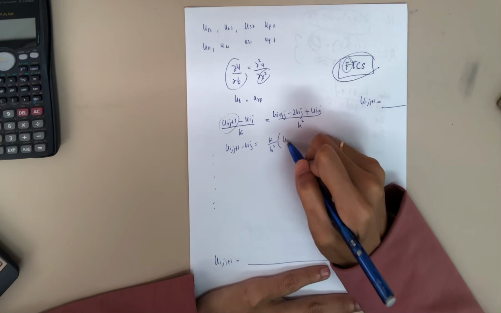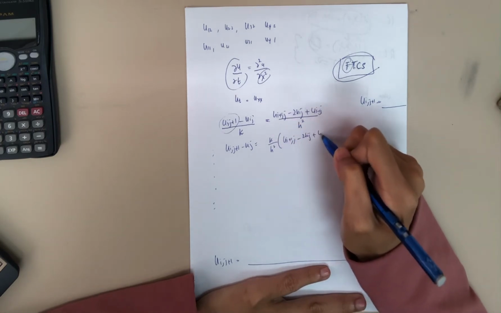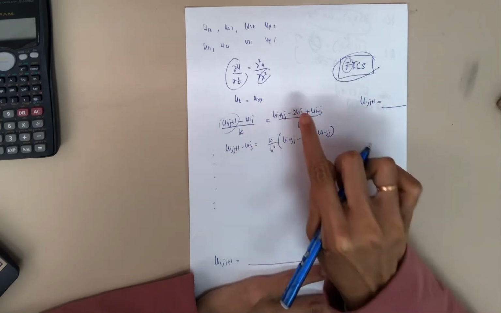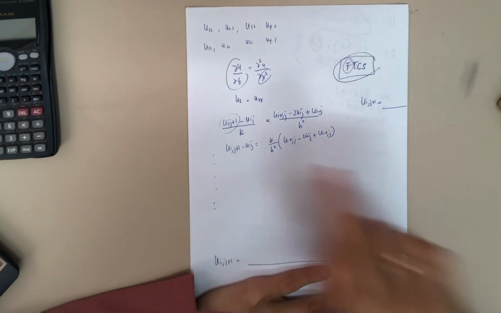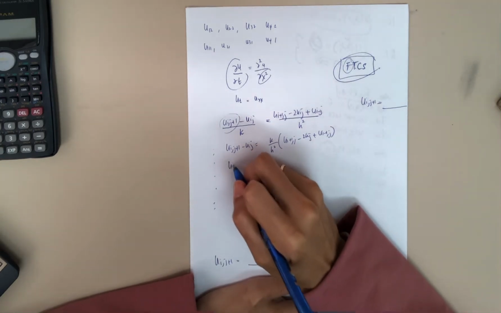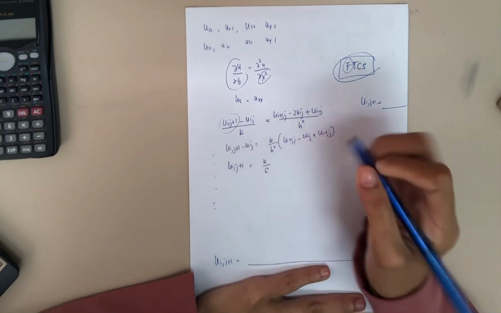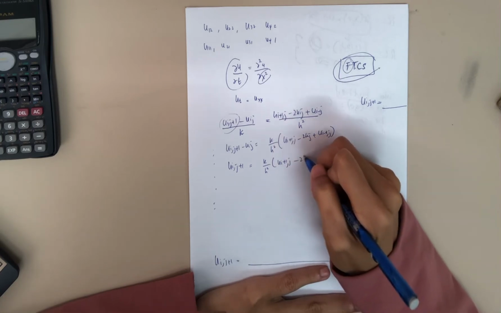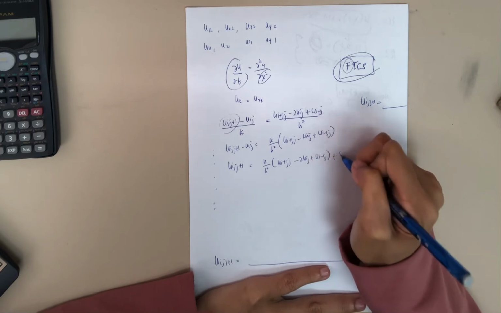I just write it in front so you can see more clearly. I move k, and then I move uij to this side, so it becomes uij plus 1 equals k over h square times ui plus 1j minus 2uij plus ui minus 1j, plus uij.